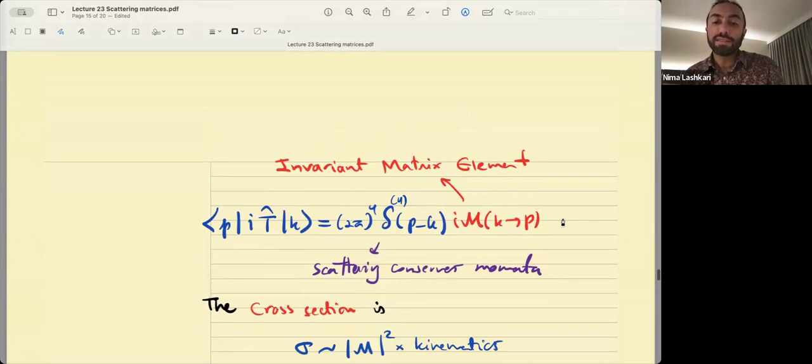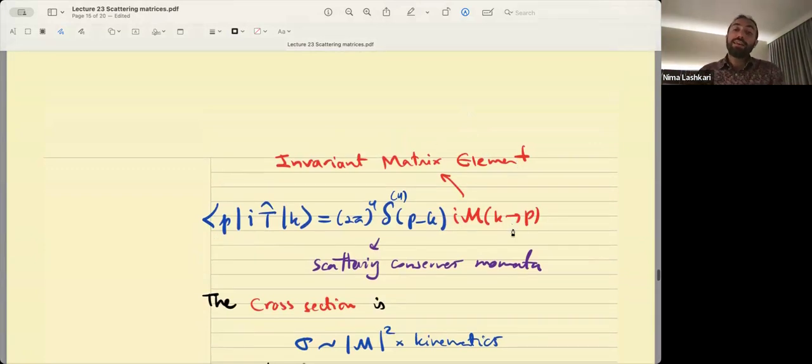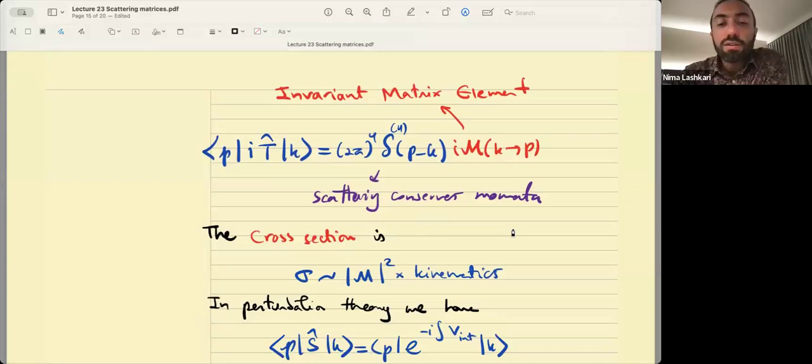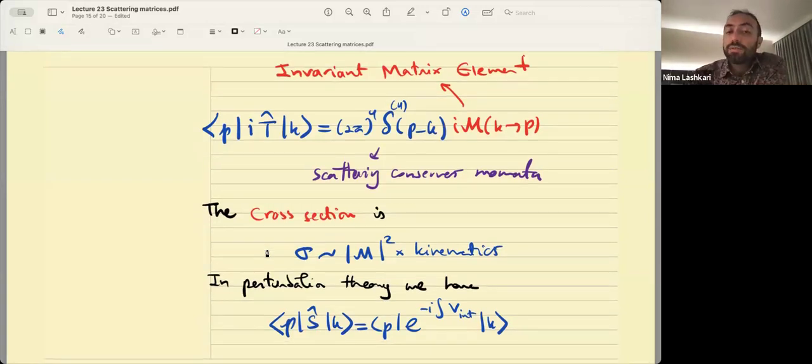We often calculate these, and then in scattering there's something else called the cross section. That's what we actually observe in an actual scattering problem. We're going to describe this in more detail, but what we observe is the cross section. So what is the cross section?